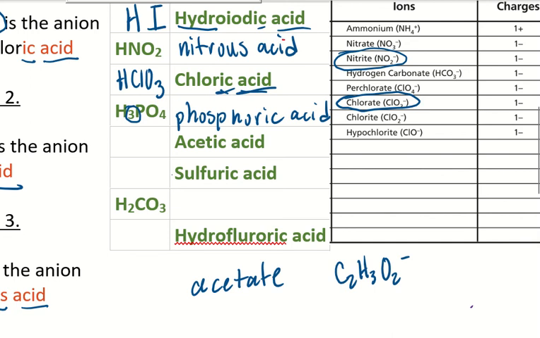So, how many hydrogen do I need? 1. H plus to get HC2H3O2. Anybody know what acetic acid is? You guys have it in your house. Vinegar. Vinegar, vinegar, vinegar.